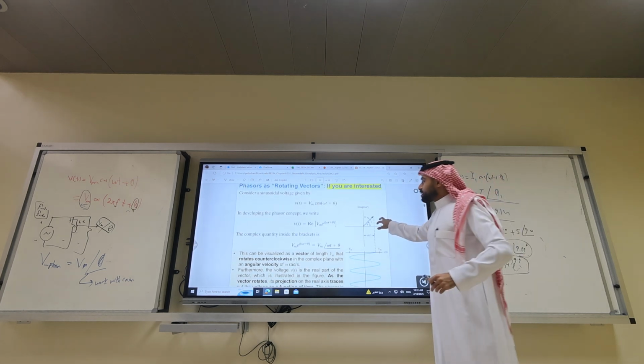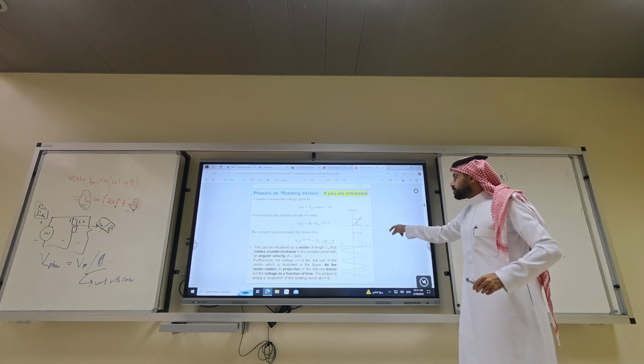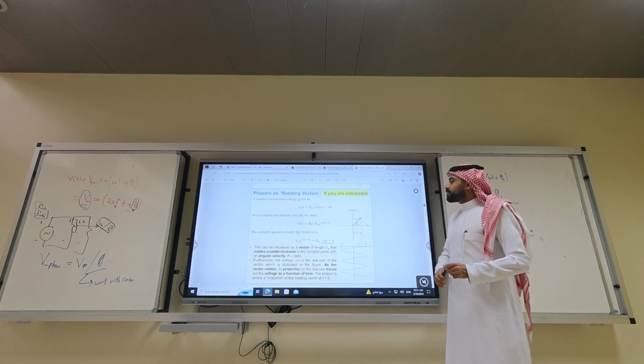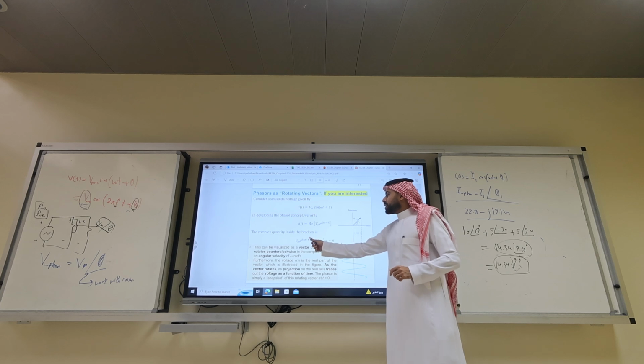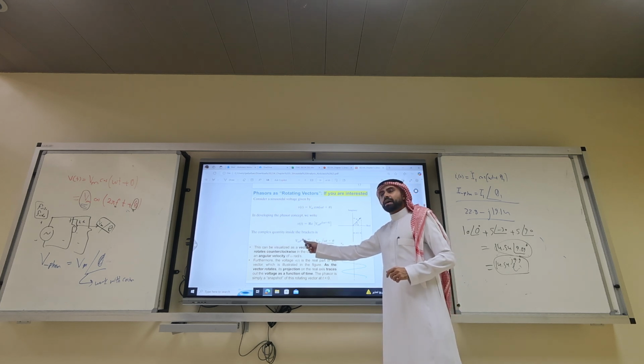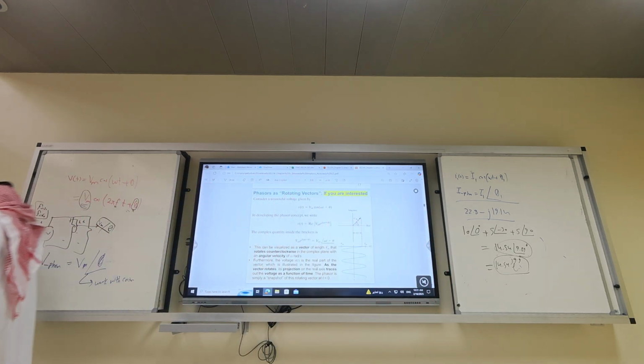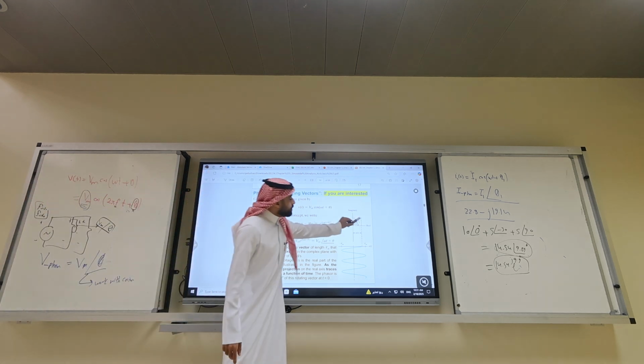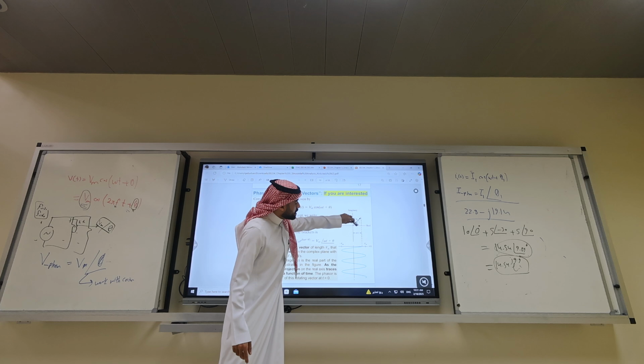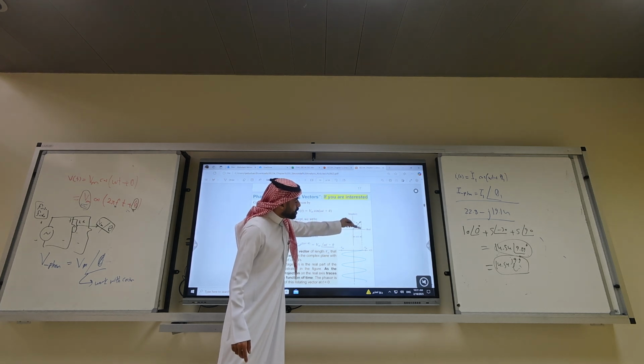Rotating vectors, read it if you're interested. But what did I tell you? What if I have the phasor to be theta and then multiplied by e to the power j omega t? This is what's happening here. It's a function of time. This vector will rotate every time.